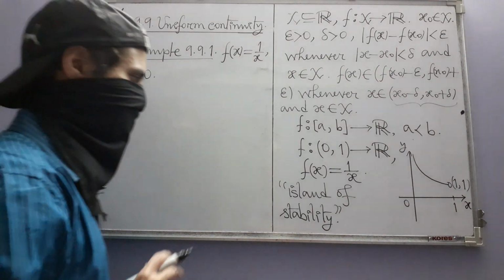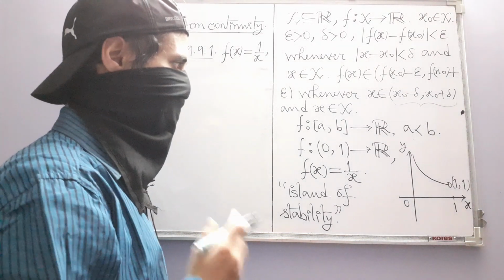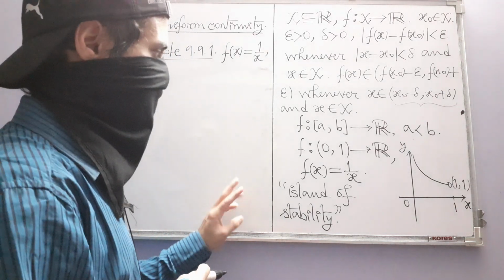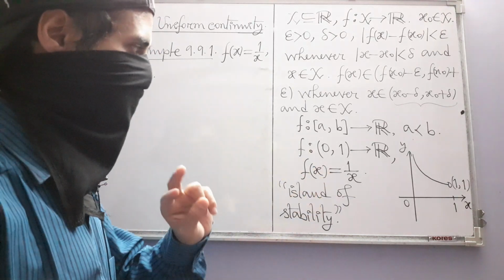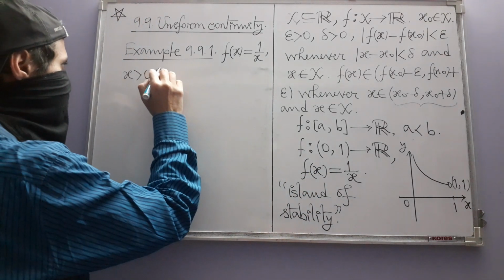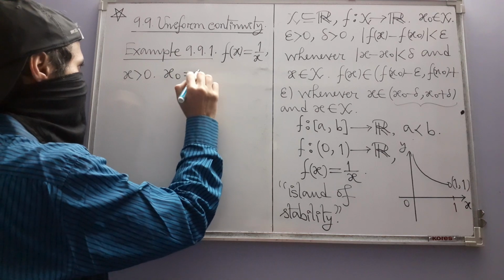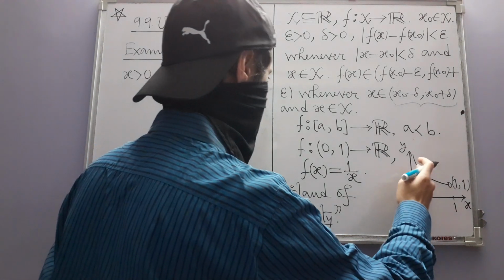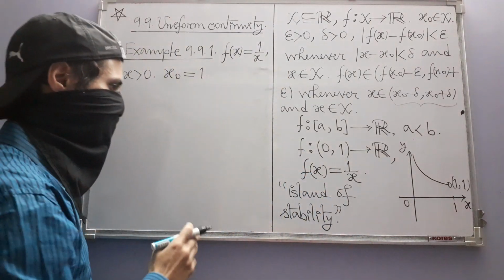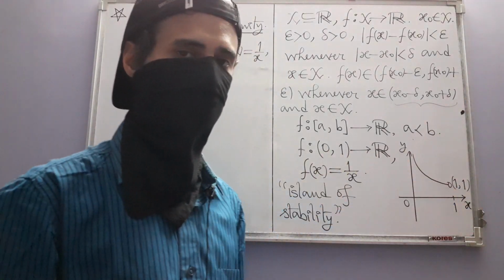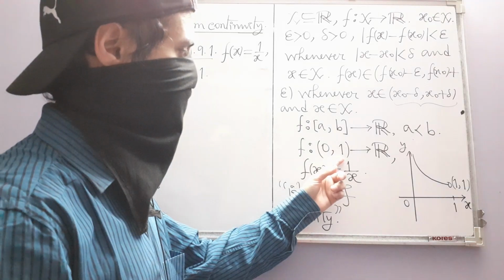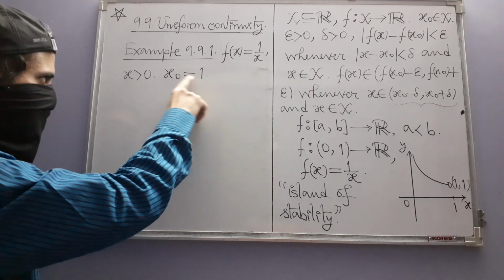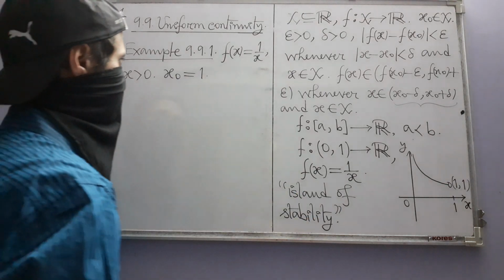Alright, so let us now see what type of islands of stability we need at 2 points for this function. One of them is 1. So when we are talking about this, we extend this on that side a little bit. Say you consider 2 here in place of 1. That's because we now need 1 inside the domain.